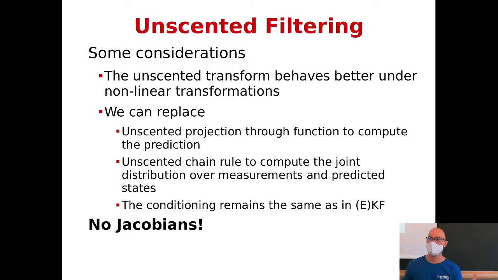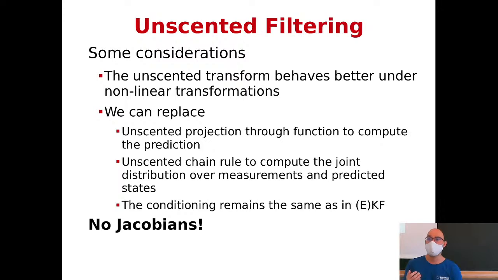Remember that in order to calculate the chain rule, we did not need to calculate any Jacobian, even if the function was not linear, right? So we will preserve this property in the derivation of our filter.